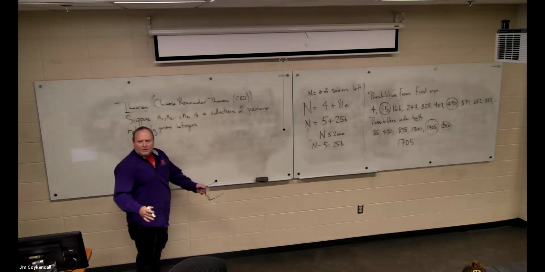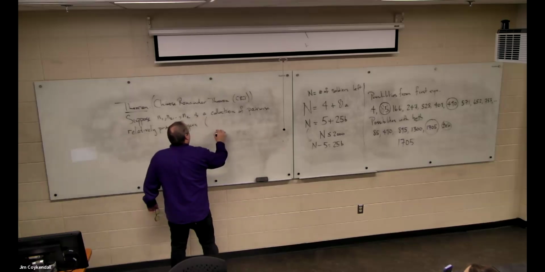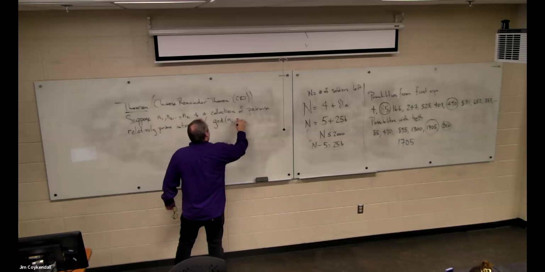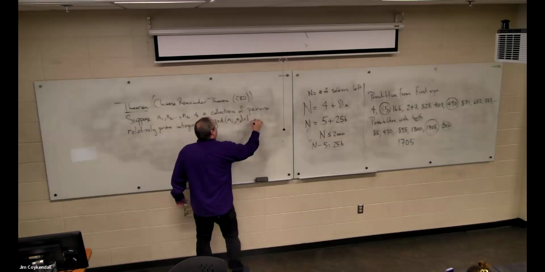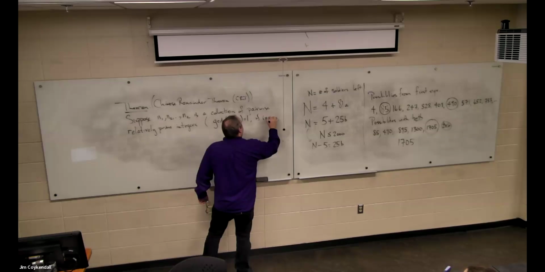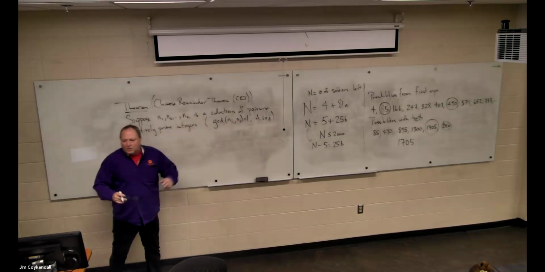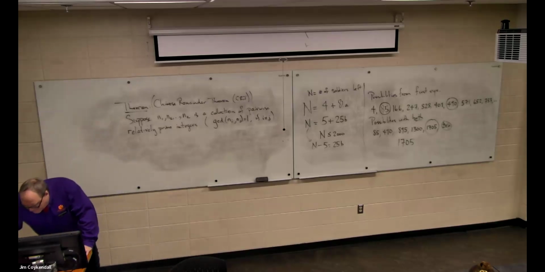And just for the sake of clarity, this means that GCD of NI and NJ is 1 if the NI and NJ are different, right? So it just means there's no common factor other than 1 between a pair of these.